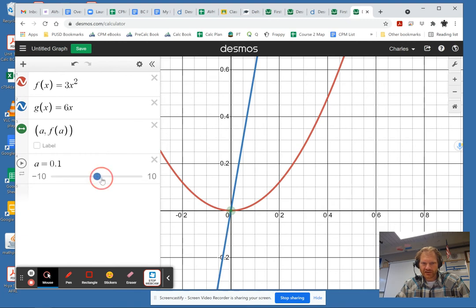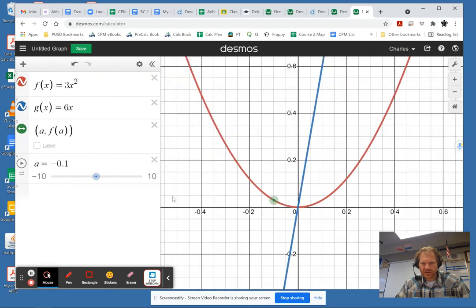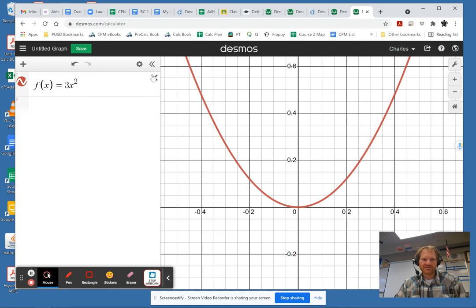If I move to the right, it's positive, and the derivative is above the x-axis. If I move to the left of that point, the slope of that function is negative, and it's below the x-axis. These are all things that'll take time to settle, but just this power rule idea.